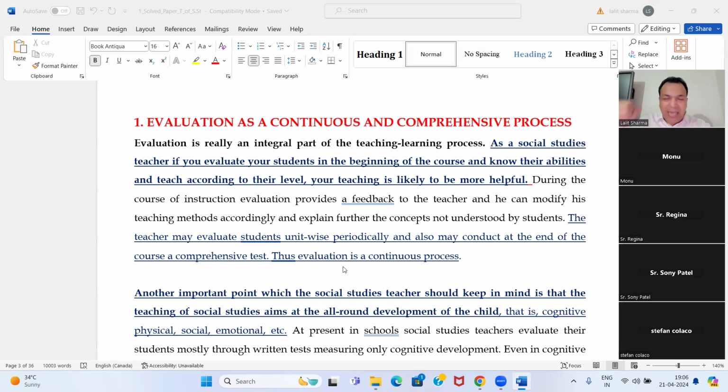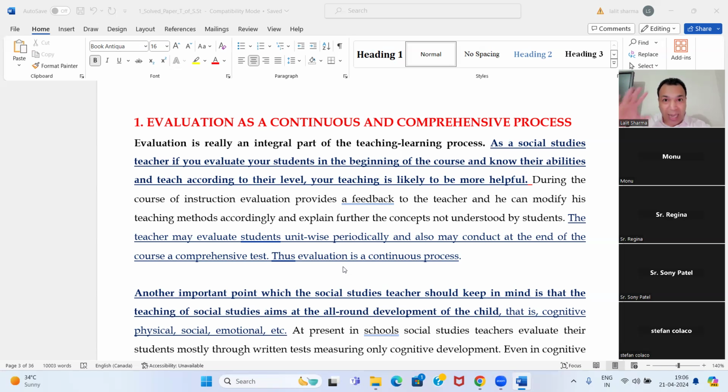Many teachers think that they know the concept, but they forget that they have to deliver the concept into the mind of the student, which is called pedagogy, right? Pedagogy means the teaching-learning process. Pedagogy means teaching style.